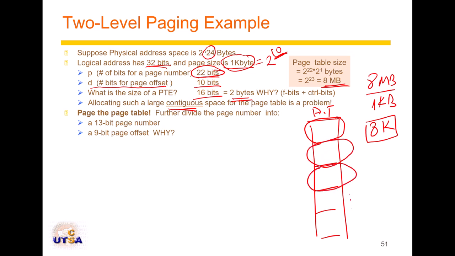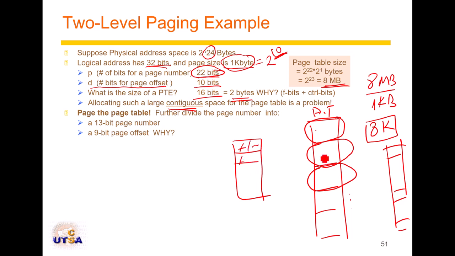So now, to be able to store each of these pages at a different location in a frame, I need to create another level of page table, right? And in this page table, I need to know the frame number for the page that I store here, and maybe some control bits, right?